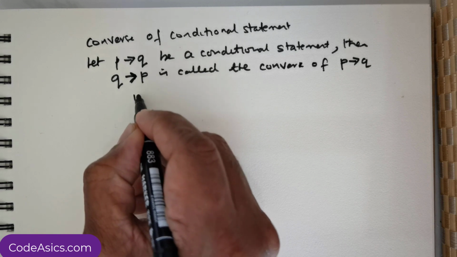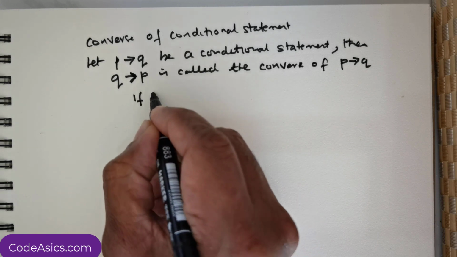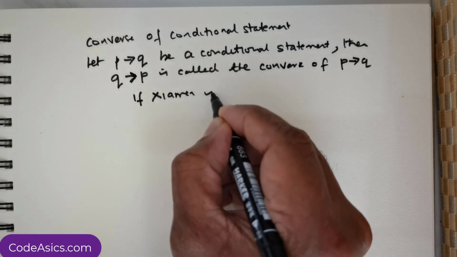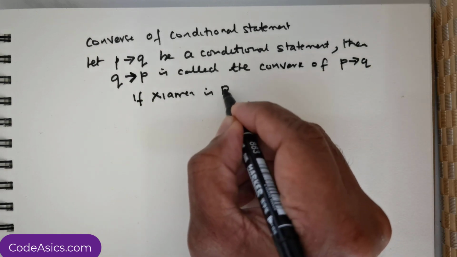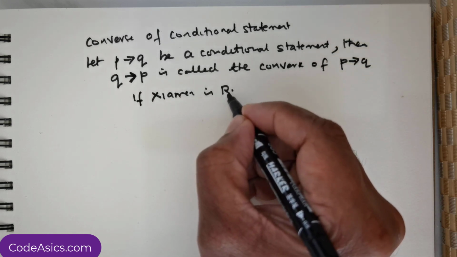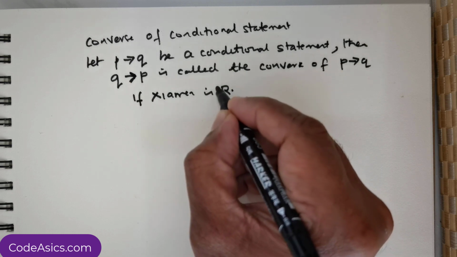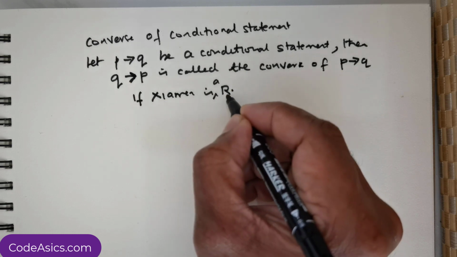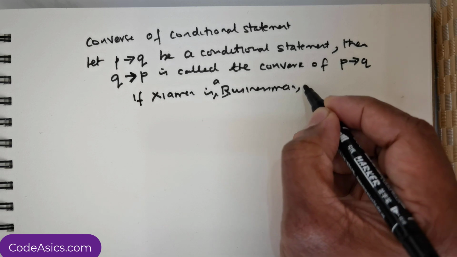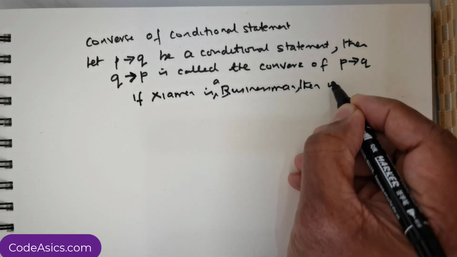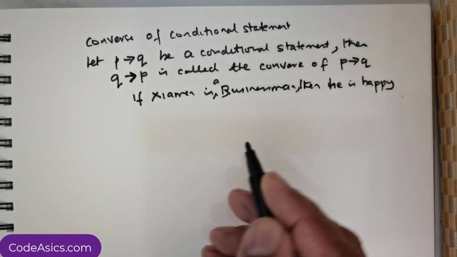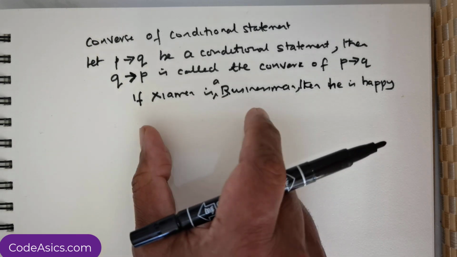Example: if Shaman is a businessman, then he is happy. So you have a conditional statement here.